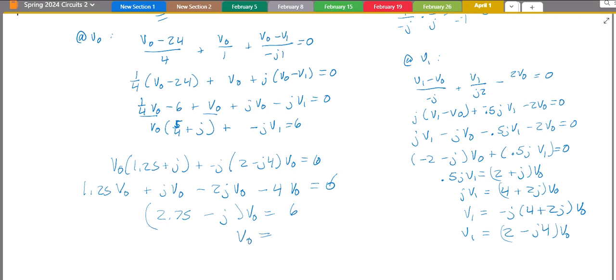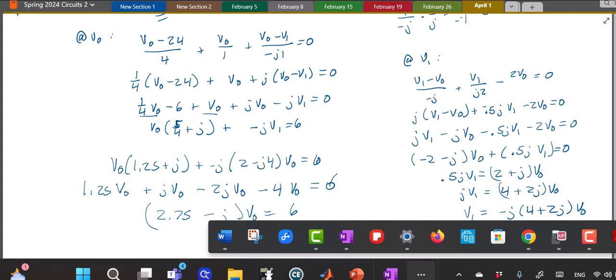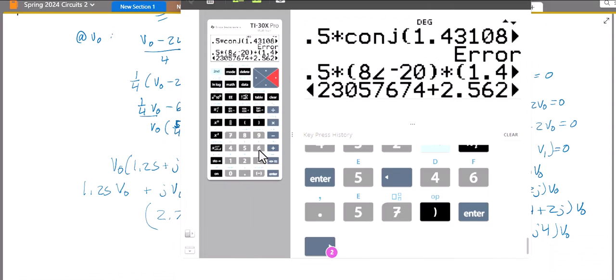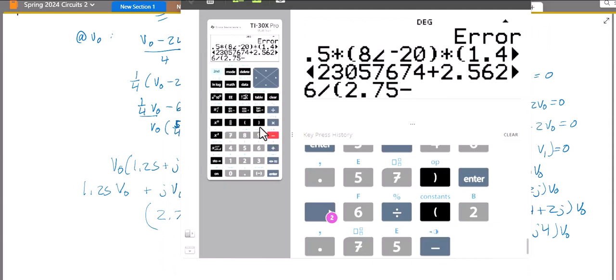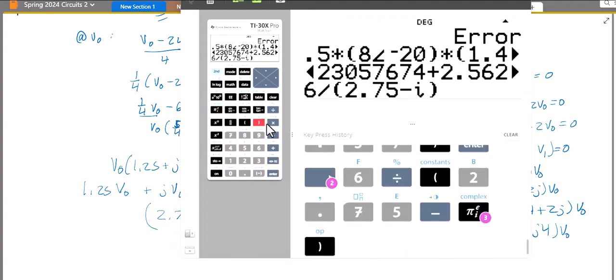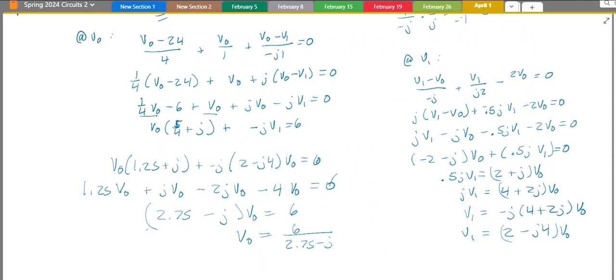V0, I put a 0 over there because I like to do that, but yeah, that's not really right. 2.75 minus J. Let's see, this back here, there should have been a minus 2.75.